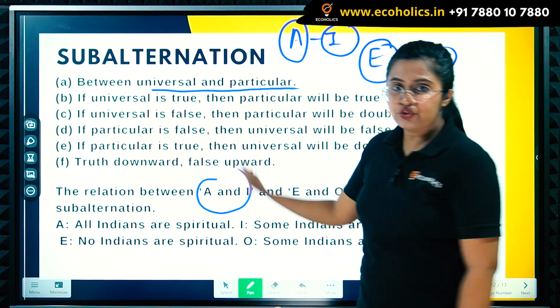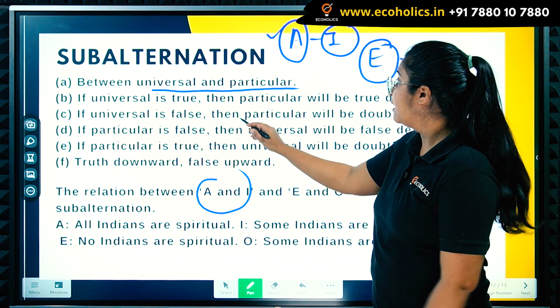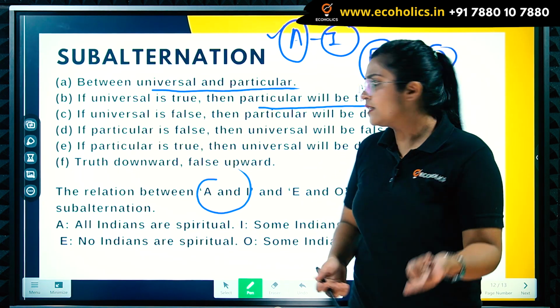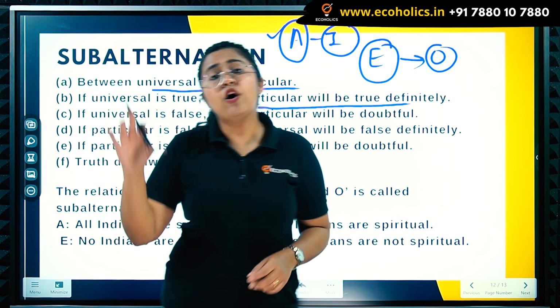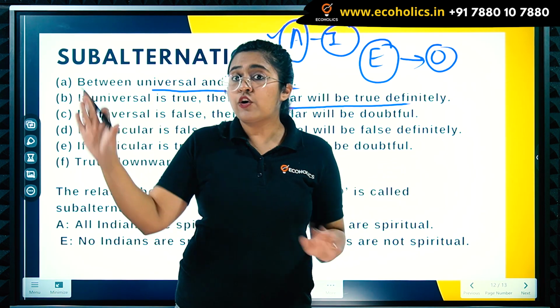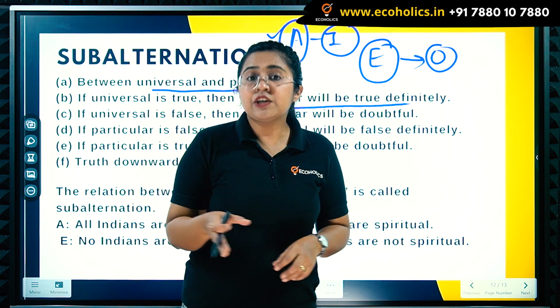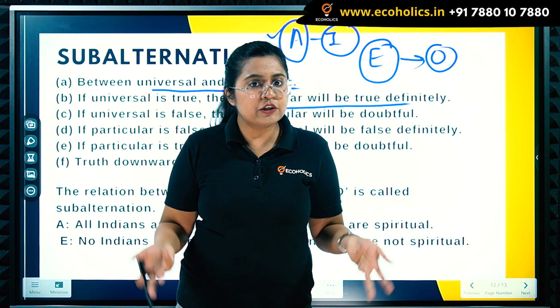If universal is true, let's say if universally affirmative is true, then particular will be true also. We had done this in the previous lecture also. If I say all dogs are cute, which is a universally positive statement, then the partially inclusive statement, some dogs are cute, also will be true.